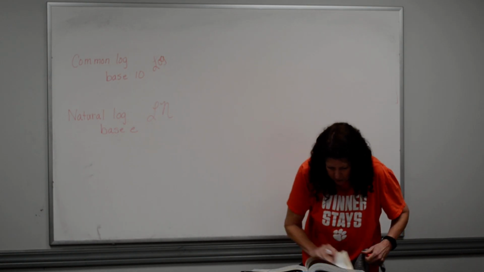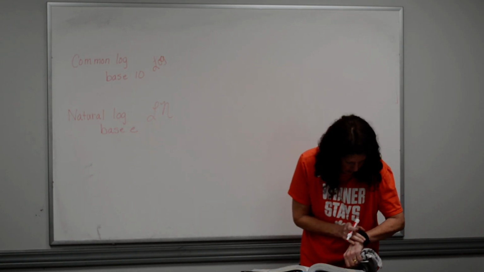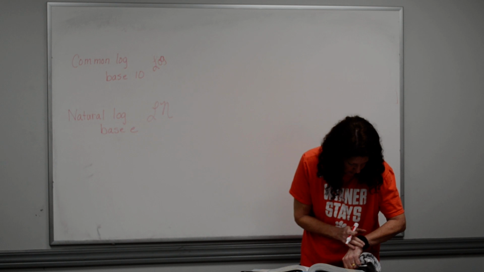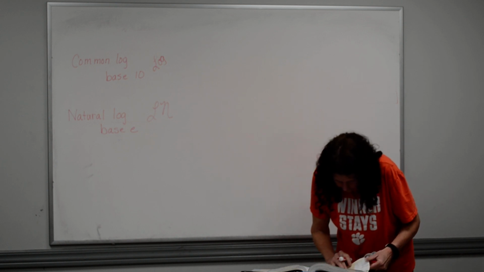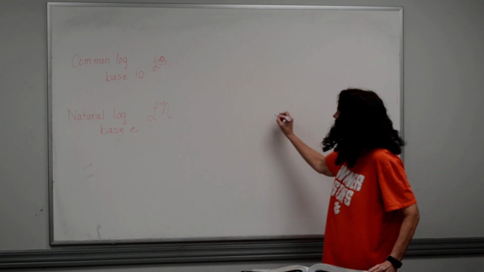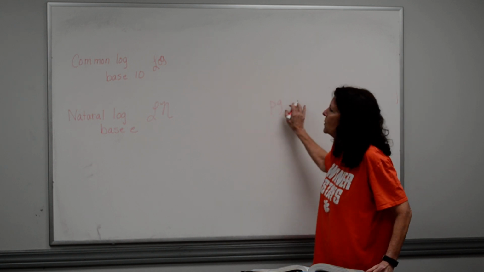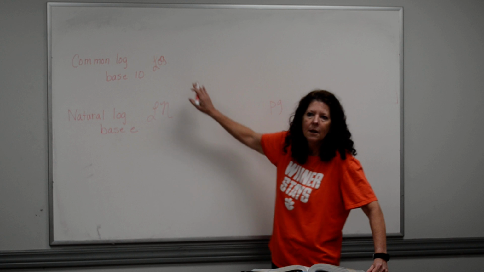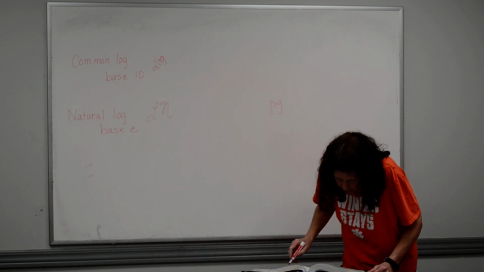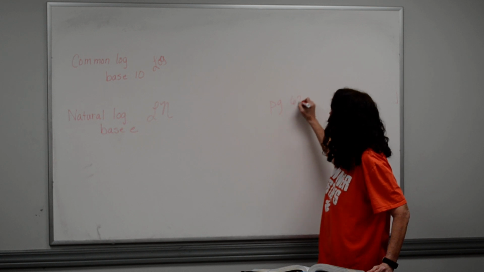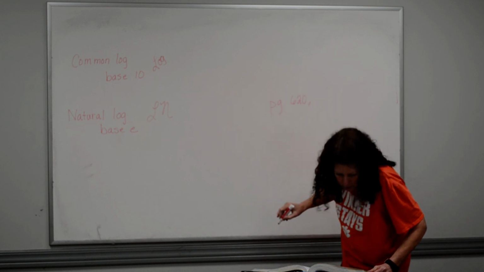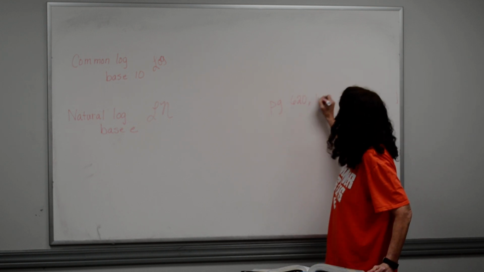This is what I want you to do for homework. On page 620, the first part has to do with common log, and the second part has to do with natural log. So I want you to do 18 through 29.